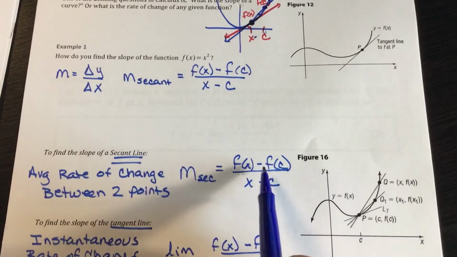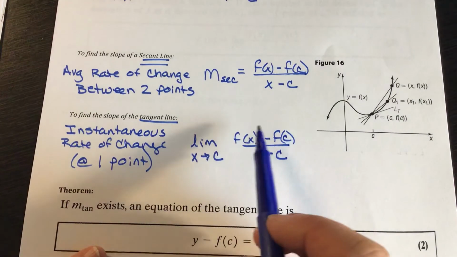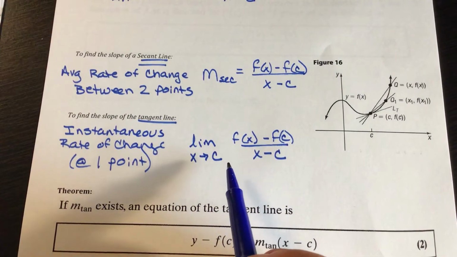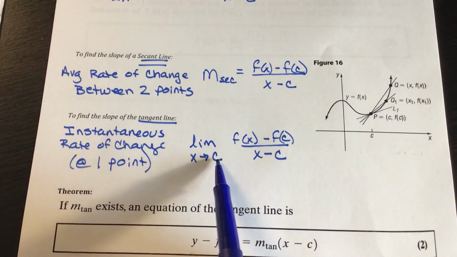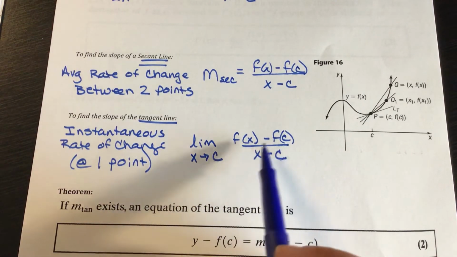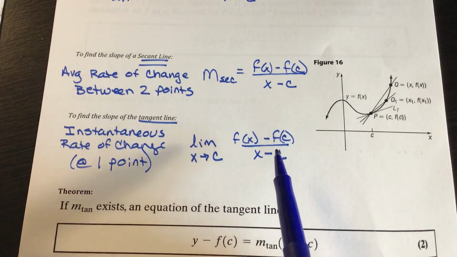Okay, so in this one we have 2 points and we can calculate the value. In this one, the 2 points are the same. So what happens here is when we plug in c for x, we're going to get a 0 in the denominator, and we're going to have to do some simplifying.